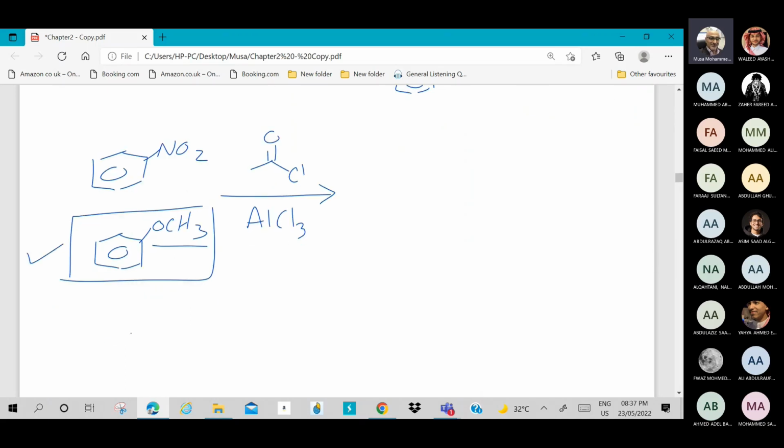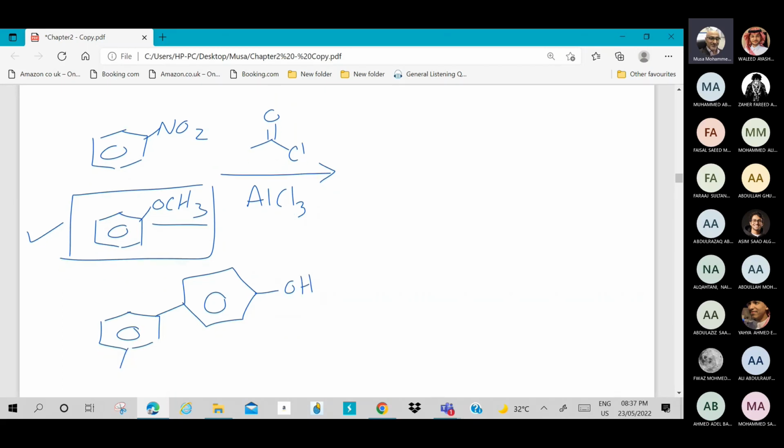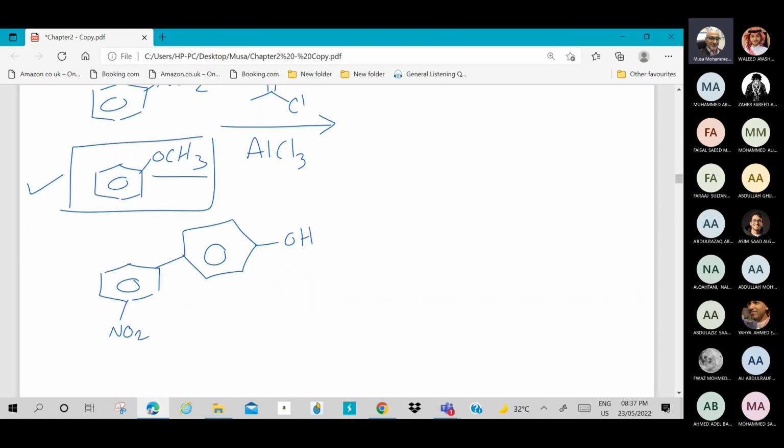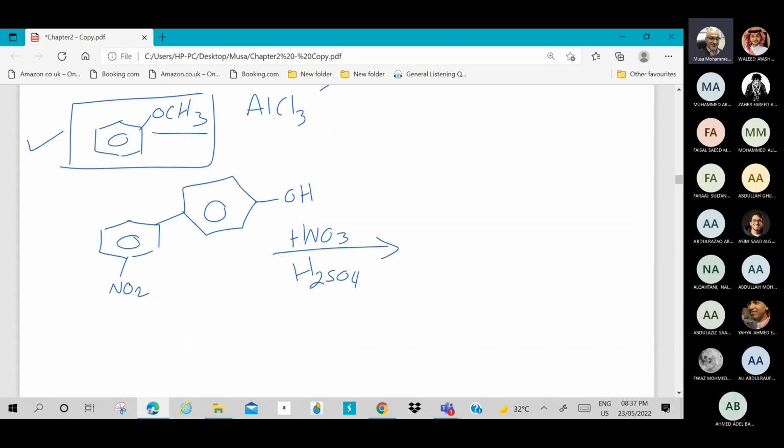So if I have two phenyl rings, this is one and this is another phenyl ring, where this phenyl ring has, for example, OH, and this phenyl ring has nitro. Now, which phenyl ring of these two will react when you do, for example, nitration, HNO3, H2SO4? Which one will react?